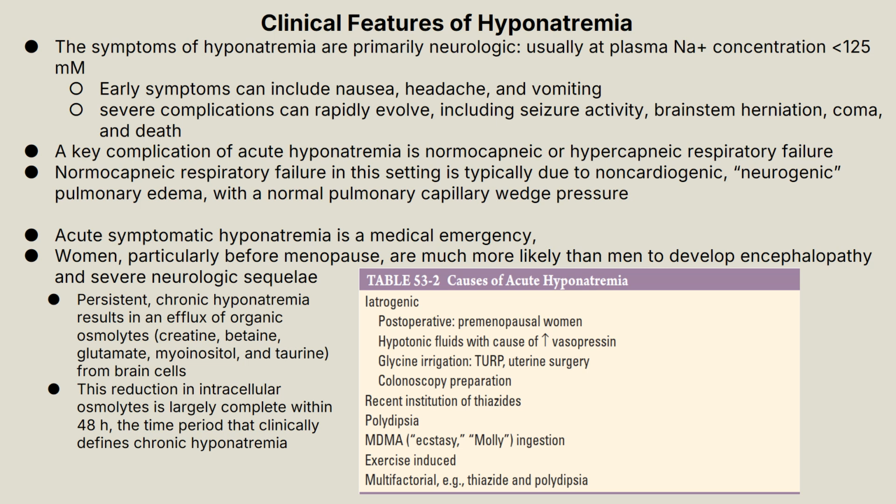And this differentiation is clinically important because the rapid correction of chronic hyponatremia, when we don't have these intracellular osmolytes, will cause demyelination, leading to osmotic demyelination syndrome, known also as central pontine myelinolysis. While in the acute status, it's theoretically safer to aggressively replenish and correct sodium concentrations.